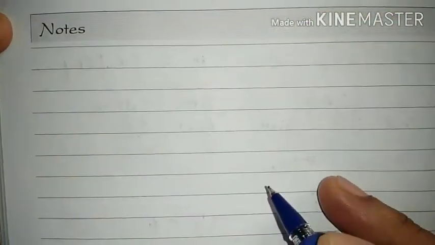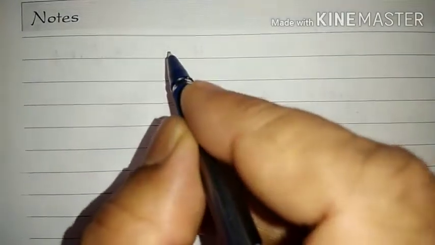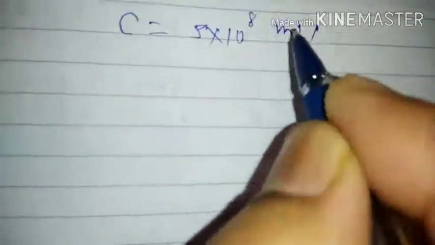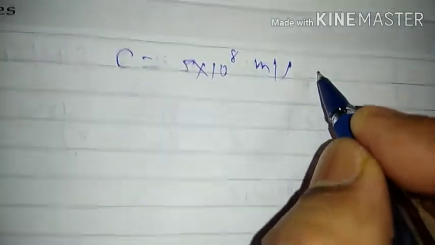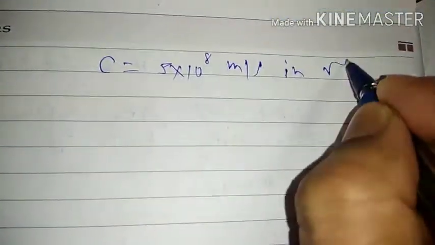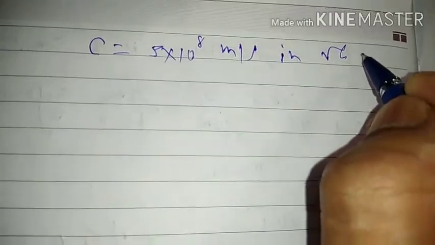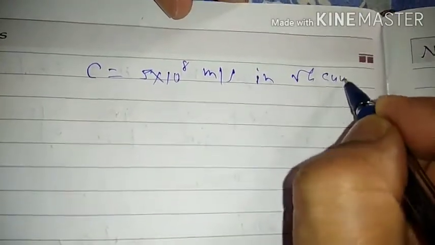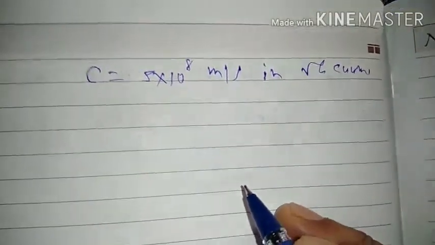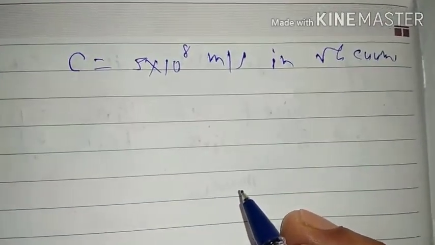The speed of light is represented by c, and it is 3 into 10 to the power 8 meter per second. But this value of speed of light is in vacuum. This speed is not constant everywhere.